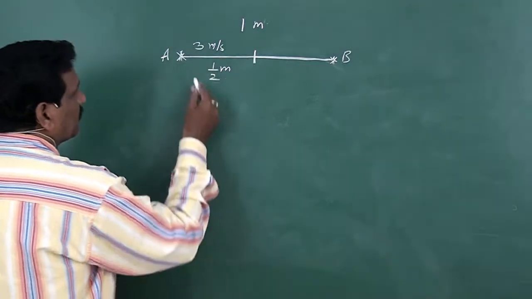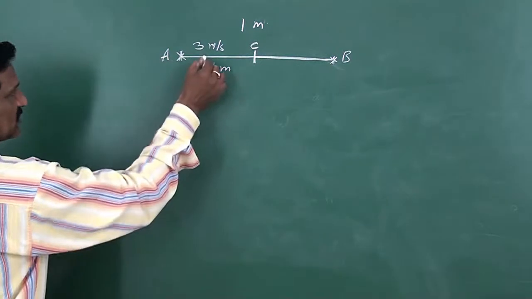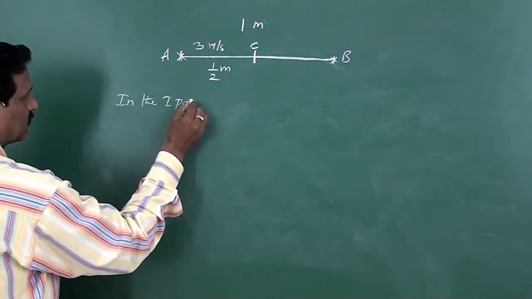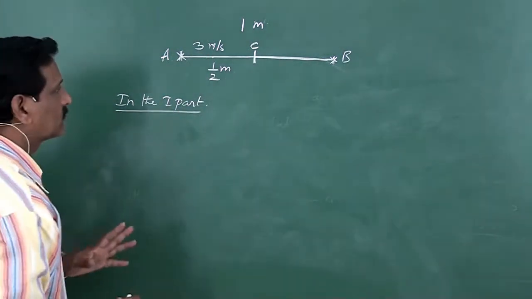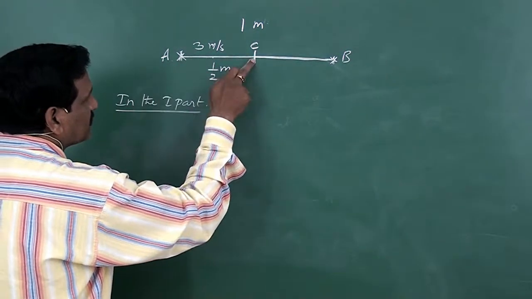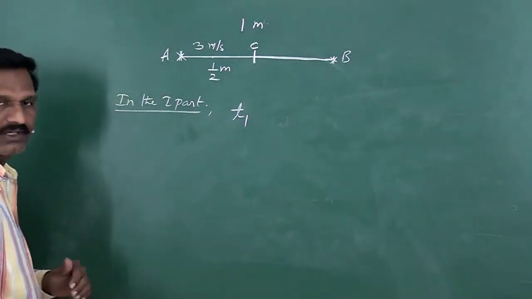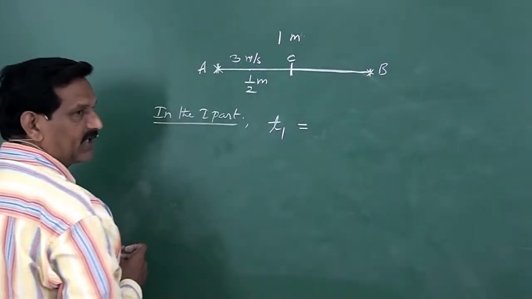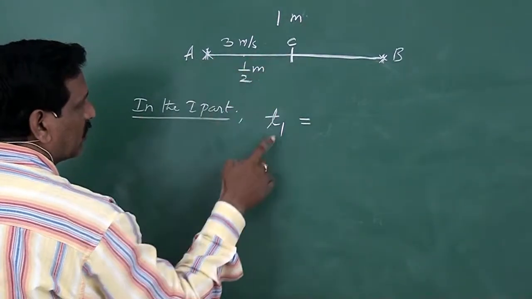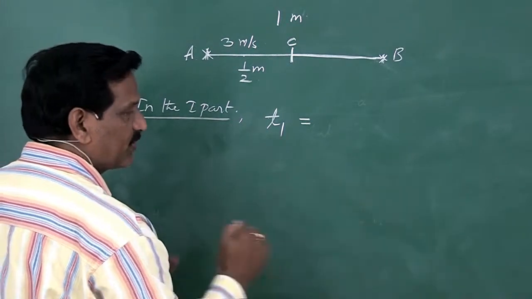That means, suppose the time taken to cover the distance AC, that is the first part. In the first part, the time taken for the car to move the half distance, that is half a meter, say it is T1. Then the time taken T1 is equal to distance by speed.